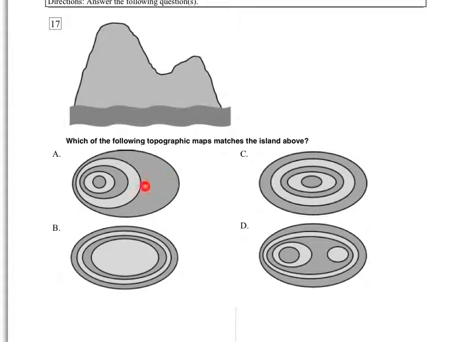Let me draw these out for you. This one would probably look like this. This one would look more like that. This one would look more like this. And so this one, we can see it's going up higher and then coming down, and then it gets a little higher again. So 17 is D.